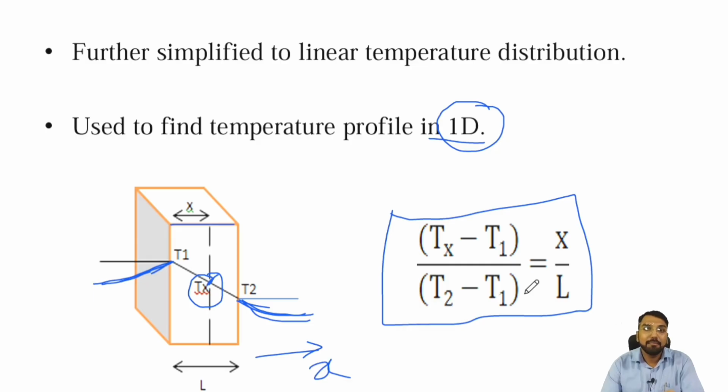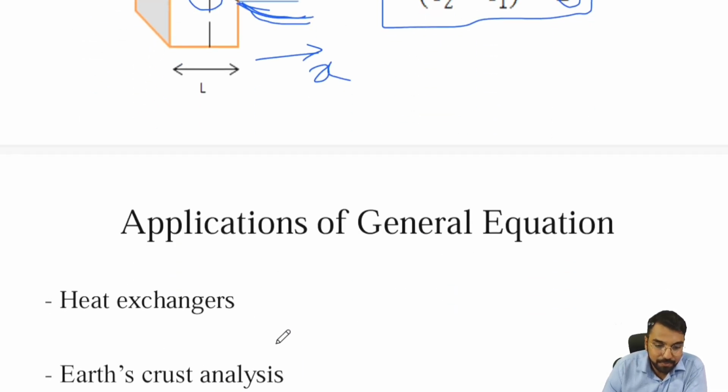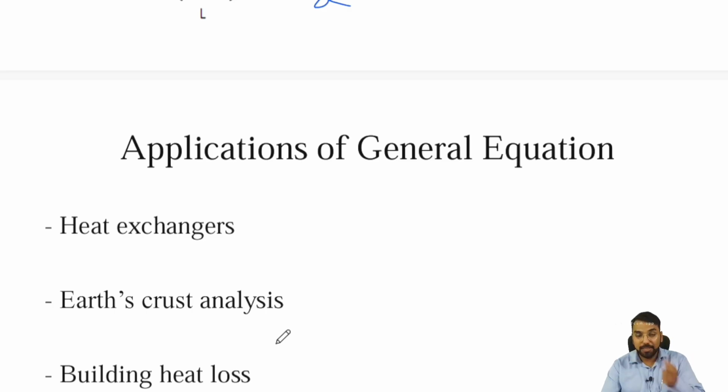If you have a normal numerical problem, L is given, x is given, and T1 and T2 are given, so it is just a simple mathematical calculation with cross multiplication, and you will find the intermediate temperature. So that is the application of this equation.